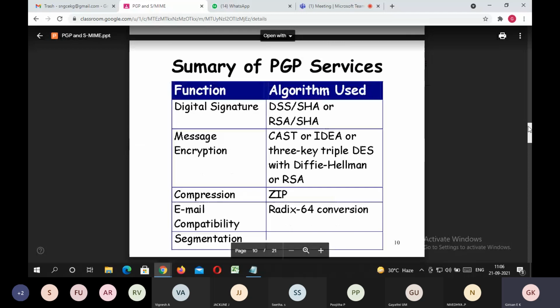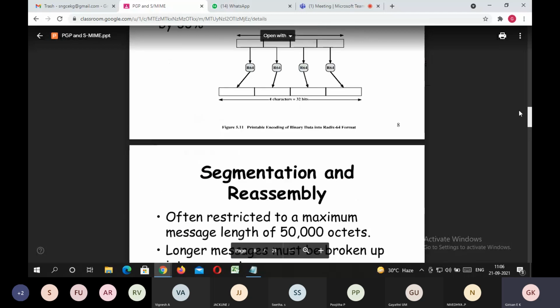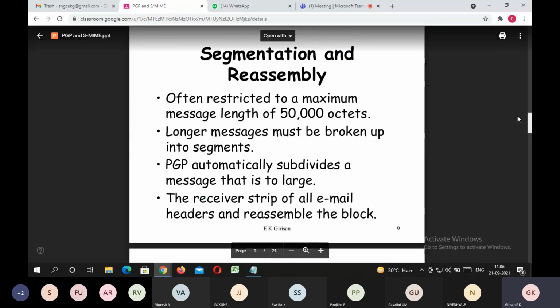Then after that, it undergoes segmentation. What is the meaning of segmentation? Segmentation means the entire message cannot go into the network at once.